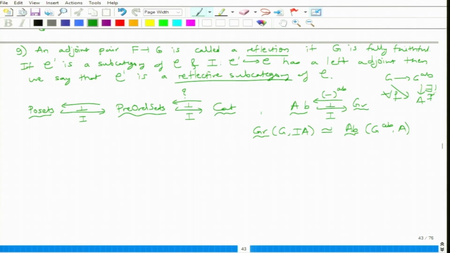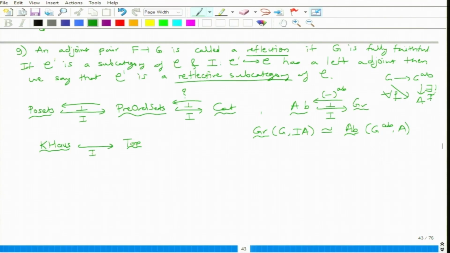Okay, then let's look at some examples from topology. Do you remember this KHaus, the category of compact Hausdorff spaces? The category of compact Hausdorff spaces is embedded inside the category of all topological spaces. That's an inclusion functor.